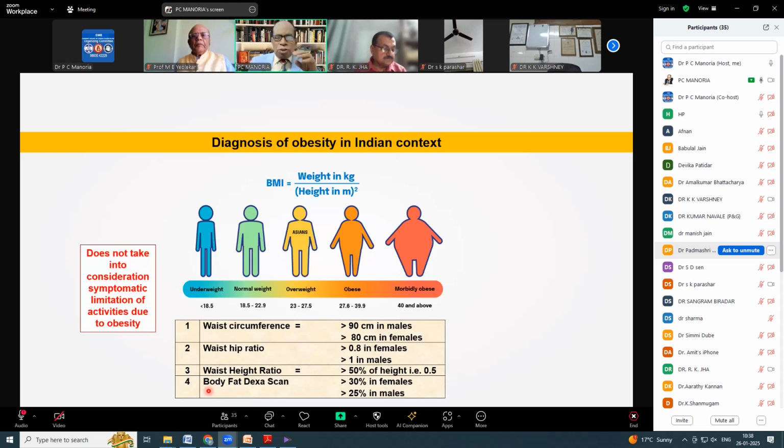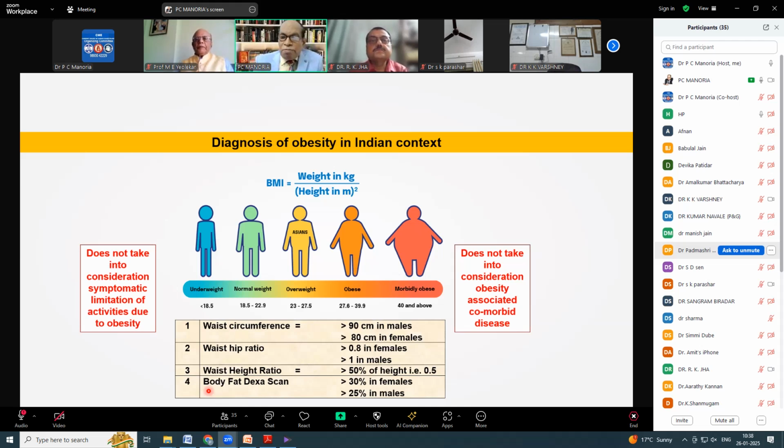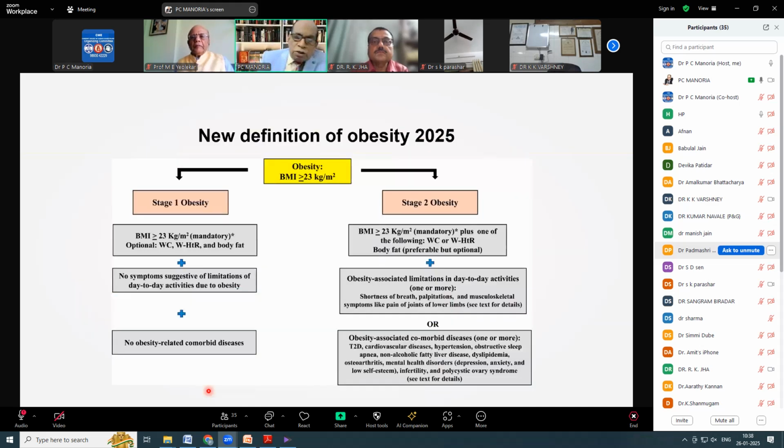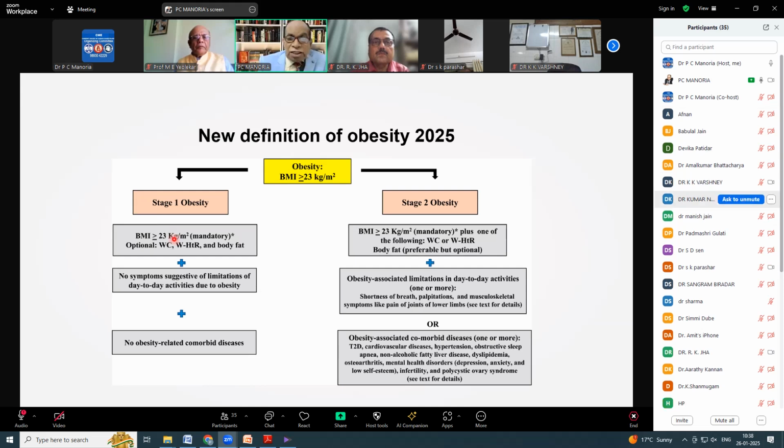But the problem with all these definitions is that they do not take into consideration the symptomatic limitation of activities due to obesity. They do not take into consideration obesity-related comorbid disease. So in 2025, we have the new definition of obesity, as you can see on the slide. Now we classify obesity into two categories. Stage 1 obesity, where BMI is more than 23, which is mandatory.